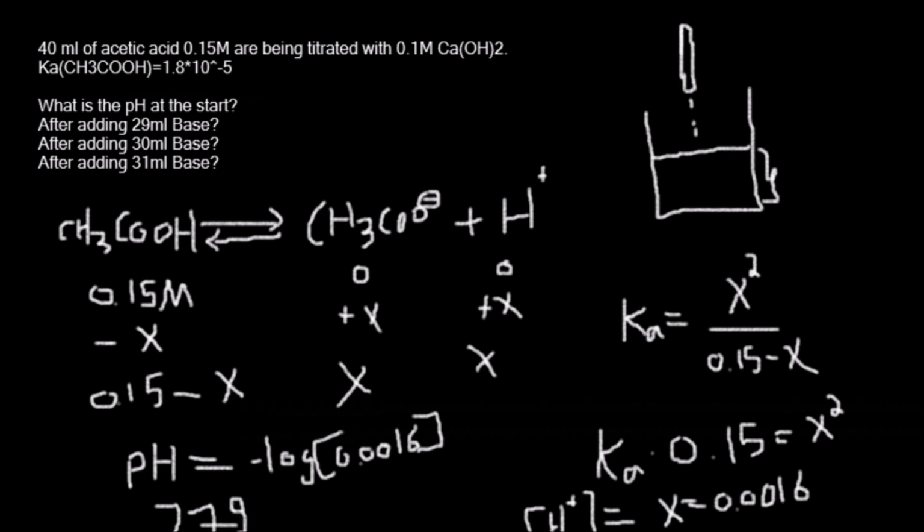It makes sense because it's a weak acid, so it's acidic. It's below 7 and it's not that strong, since it's between 2 and 3. So it makes sense. Okay, so this is the first part.